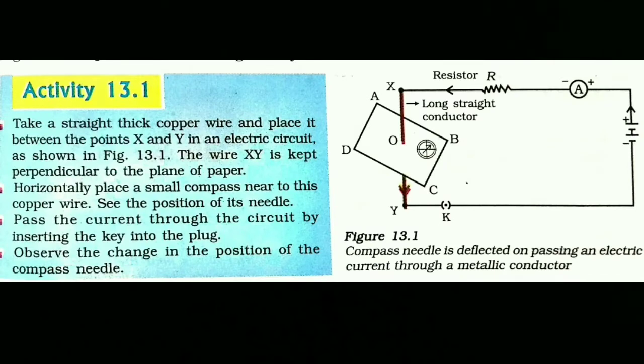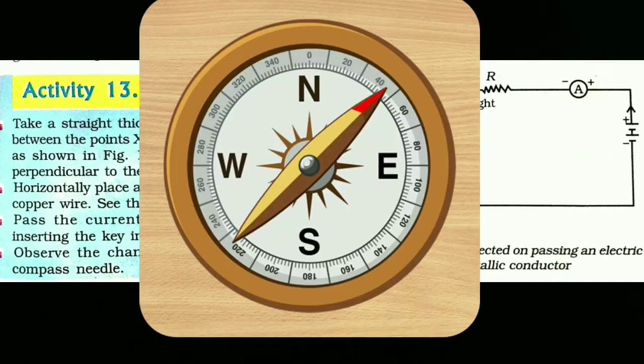Here we need to connect a circuit with the devices key, battery, ammeter and a resistor. Then a thick copper wire is connected between the terminals X and Y. The copper wire is kept perpendicular to the plane of the paper. That is, the plane of the paper is inserted in between the copper wire, and a small compass is placed horizontally near the copper wire.